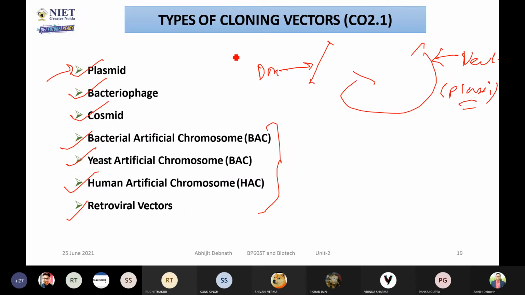These are the various cloning vectors. Maximum time the plasmid is used. In the case of insulin making, in that video also we saw they used the plasmid. Other than plasmid, you can use bacteriophage, cosmid, bacterial artificial chromosome (BAC), yeast artificial chromosome (YAC), human artificial chromosome (HAC), and retroviral vector.